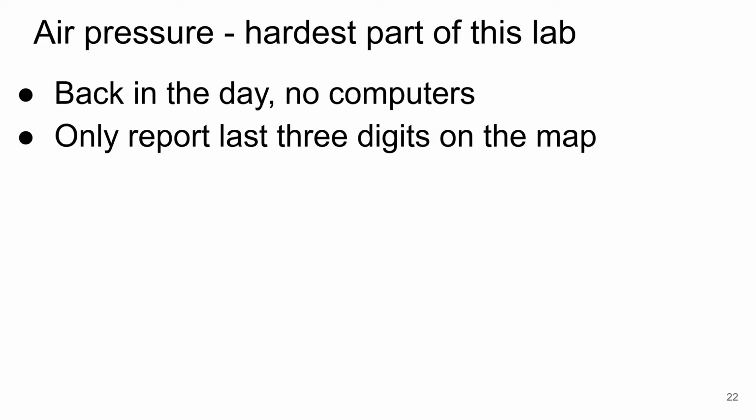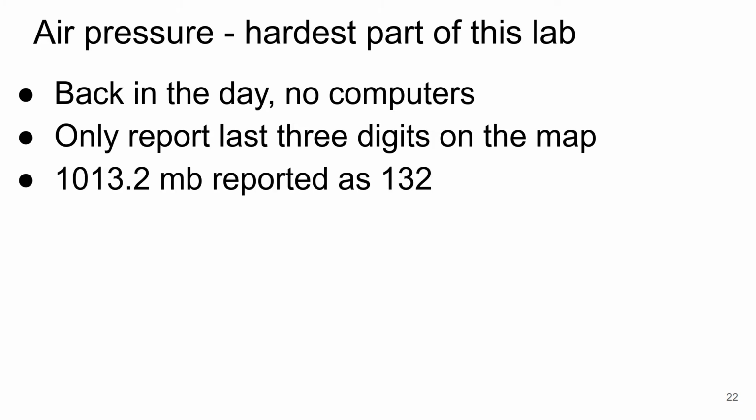So if standard air pressure average at sea level is 1013.2 millibars, that would be reported as 132. So they move the decimal over 1 and then just take the last 3 digits. 132 is 1013.2 millibars.